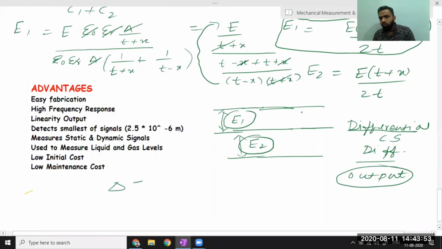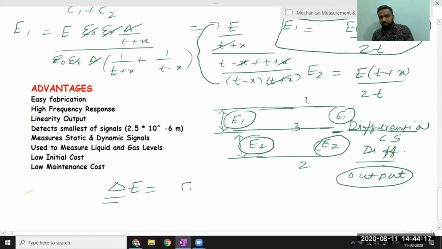So what do you need to do? Suppose this is my terminal 1, this is my terminal 2, this is my terminal 3. Terminal 1 and terminal 2 give E1, terminal 2 and terminal 3 give E2. Now I'll feed both signals together into a system which will take the minus of both signals. I am trying to find the difference in the voltage across the capacitor plates.